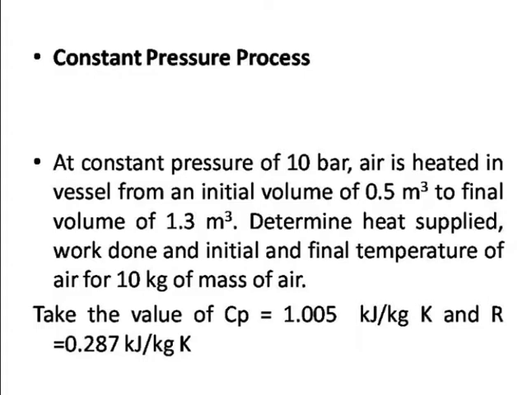Determine the heat supplied, work done, and initial and final temperature of the air for 10 kg of mass. We will solve this numerical problem based on our learning of the constant pressure process.